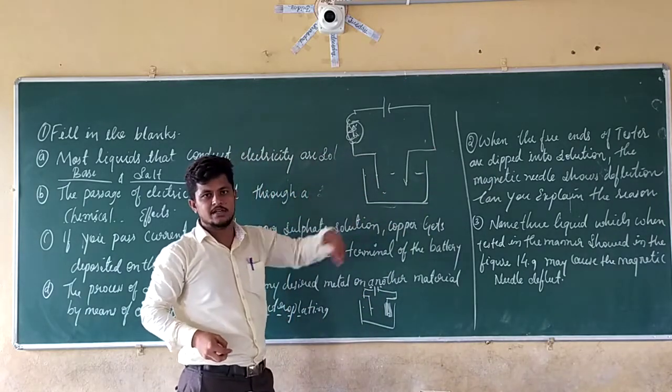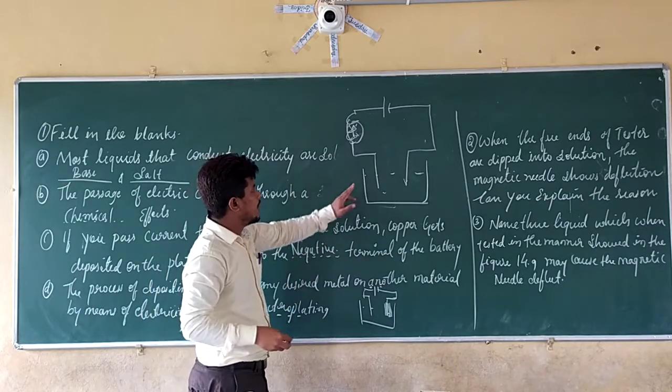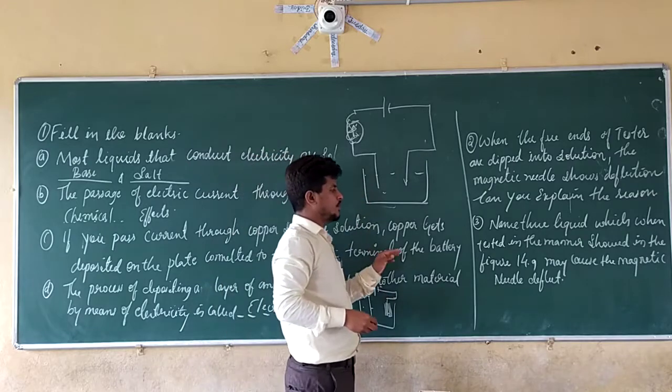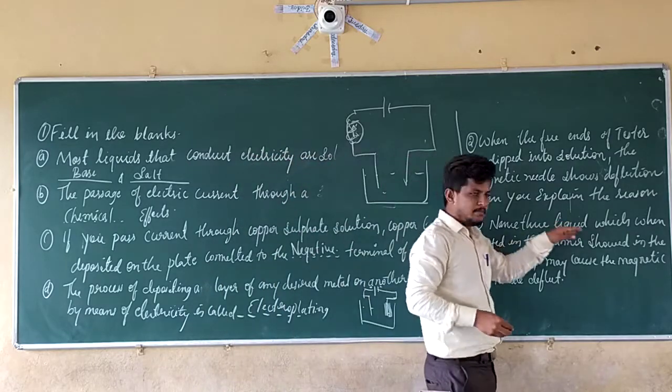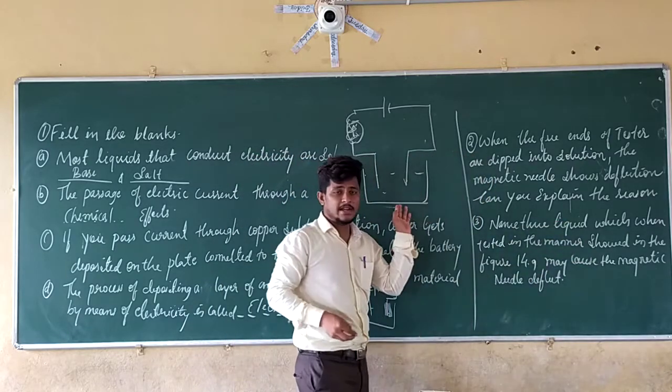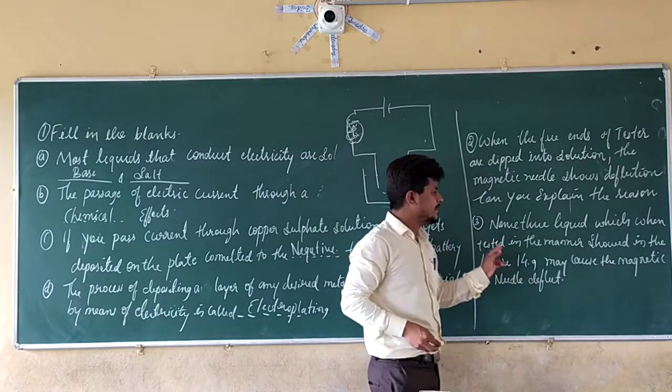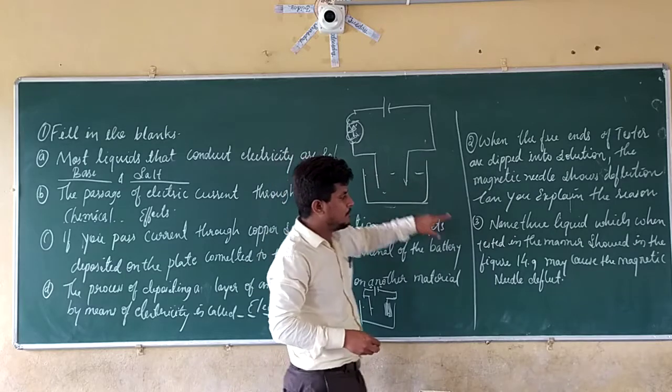This is the figure given in your textbook. We have to name 3 liquids which, when tested in the manner shown in this figure, may cause the magnetic needle to deflect.